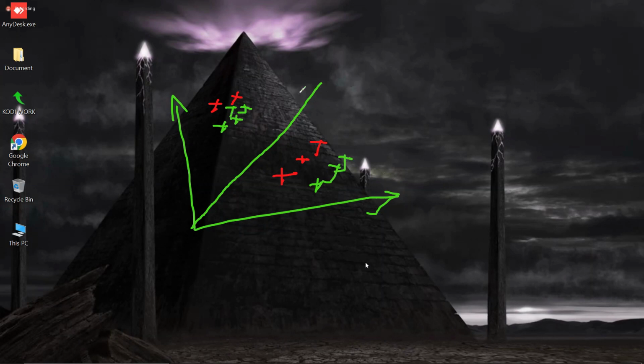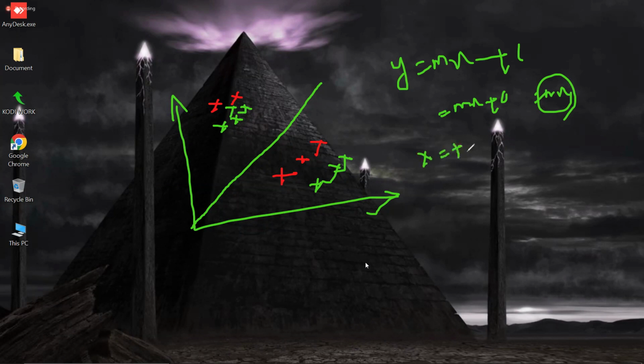Here, if the line touches the origin, y equals mx plus c, so equals mx plus 0, which is mx, isn't it? Let's compute this. Assume the blue point is positive 1 and the red point is negative 1. Are we clear up to this now?